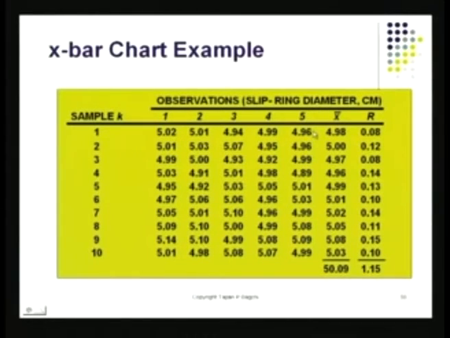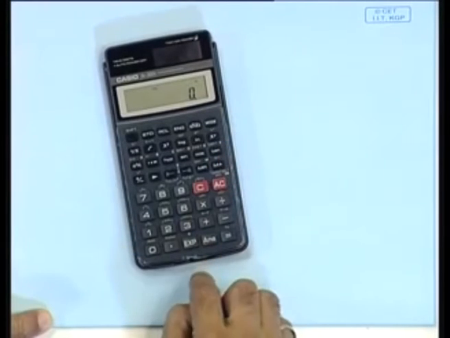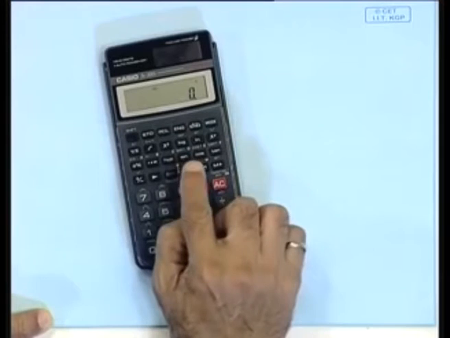Okay, let's write them down. In fact, what I could do is go straight to my calculator. I'll just look up this table and use my calculator, which I'm showing on the table here, and we'll just watch my fingers.